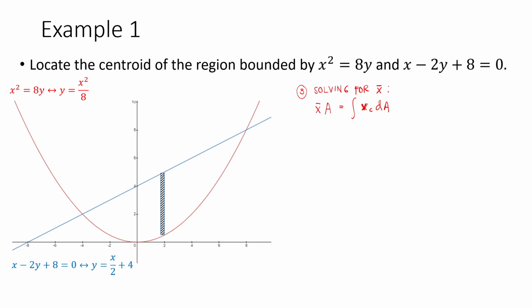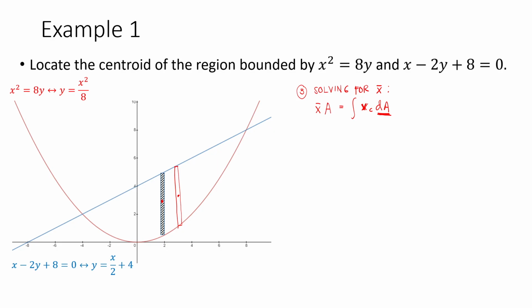So how are we going to utilize the vertical strip? It will be inputted here in the differential area. So more likely we're going to be solving the area twice. But again, the concept here is that your differential area is the vertical strip. So if we add up many vertical strips and their corresponding centroids, that will be the total area and the corresponding location of the centroid.